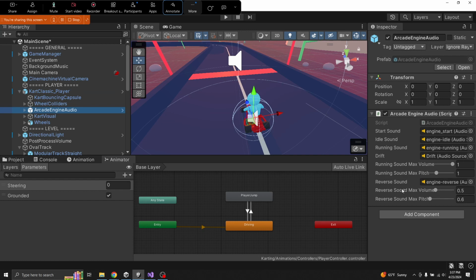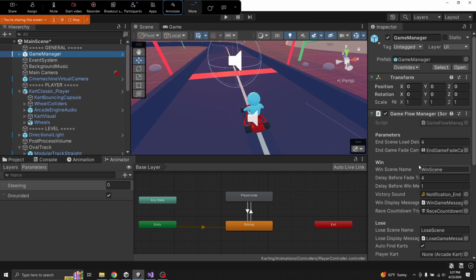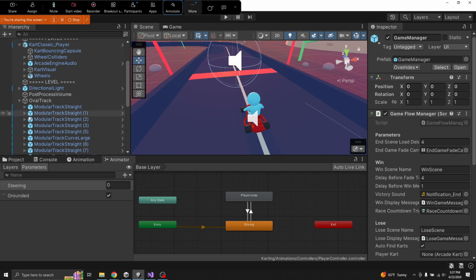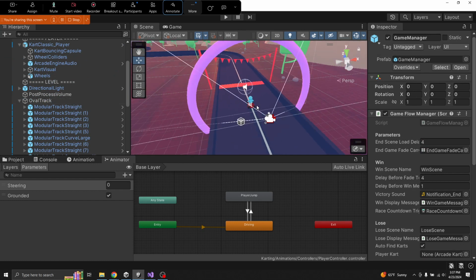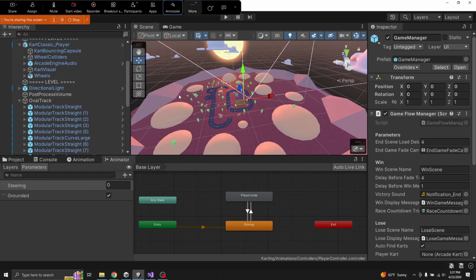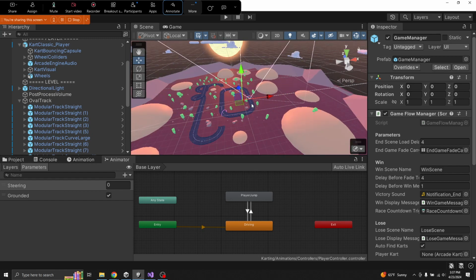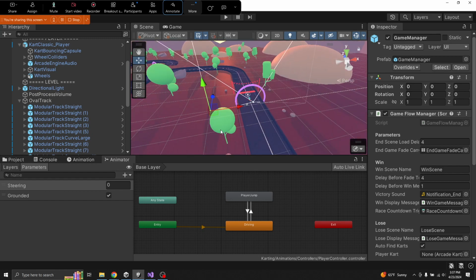There's some audio script we're going to have to look at, and probably what's going on with some of these game managers, which are probably similar to first-person shooter, and how the track is pieced together. I'm going to have to spend at least one class just looking at all these environmental pieces, these models, and breaking them apart.